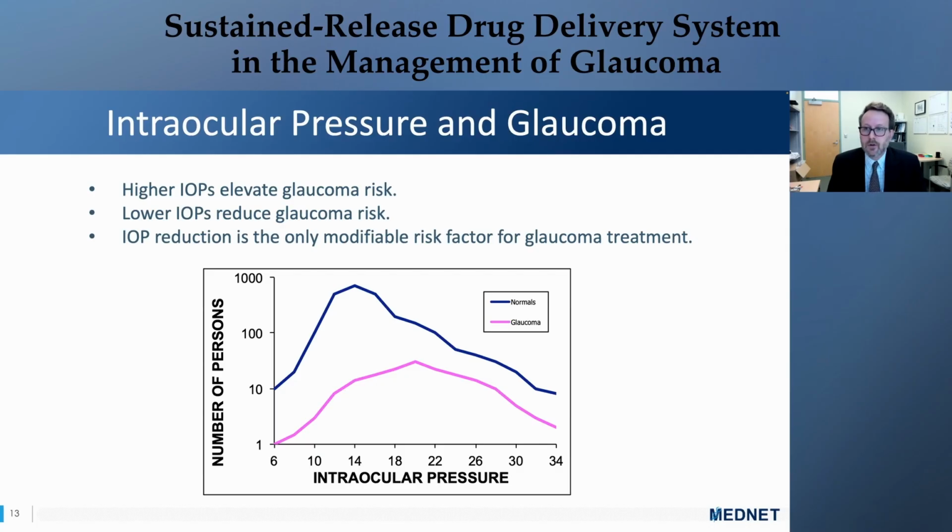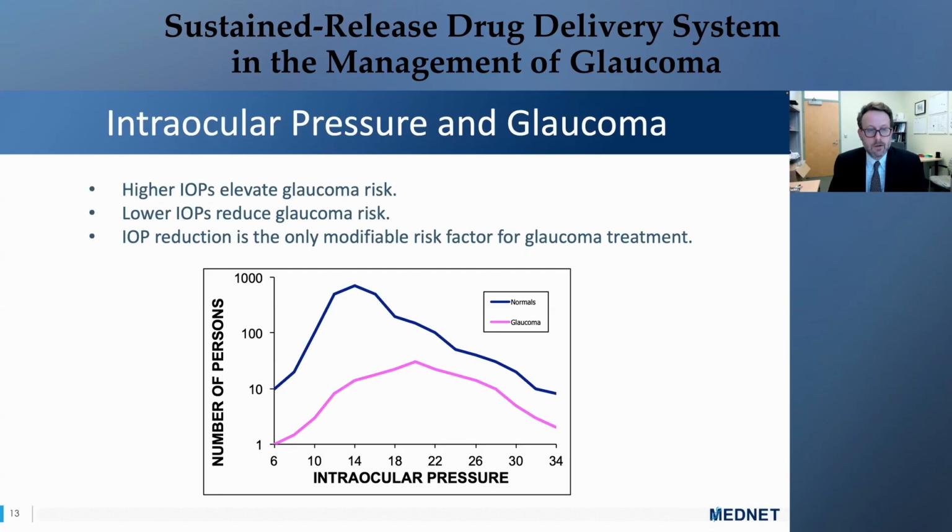So just having an arbitrary cutoff for intraocular pressure in our patients with glaucoma misses a lot of glaucoma patients, and also could incorrectly diagnose a lot of our normal patients with glaucoma.